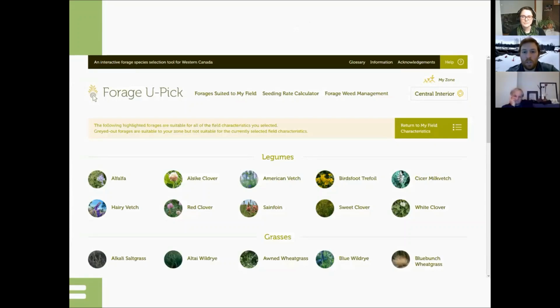So if you are looking to create a mix for your field or even plant a pure stand, there's this tool online called the Forage U-Pick, and it's a tool for Western Canada, so Manitoba all the way to BC, and given your conditions and the area you live in, it can tell you some good legumes that you can plant and will survive in your area. So some other legumes you might not have heard of are Cicer milk vetch, Alsike clover, red clover, sweet clover, things like that.